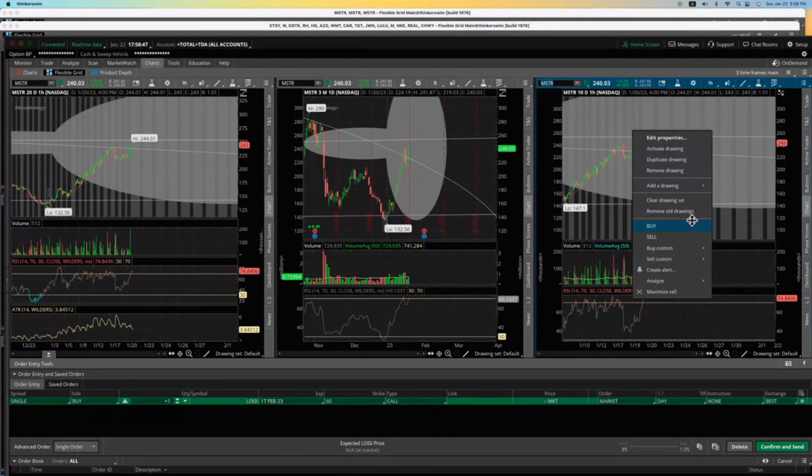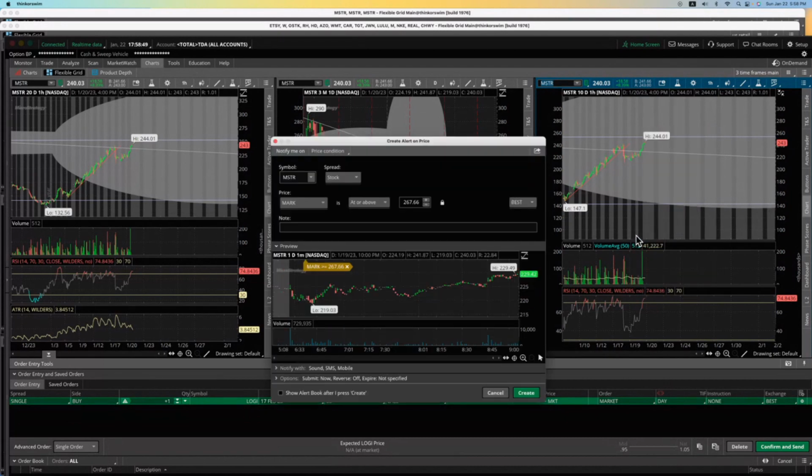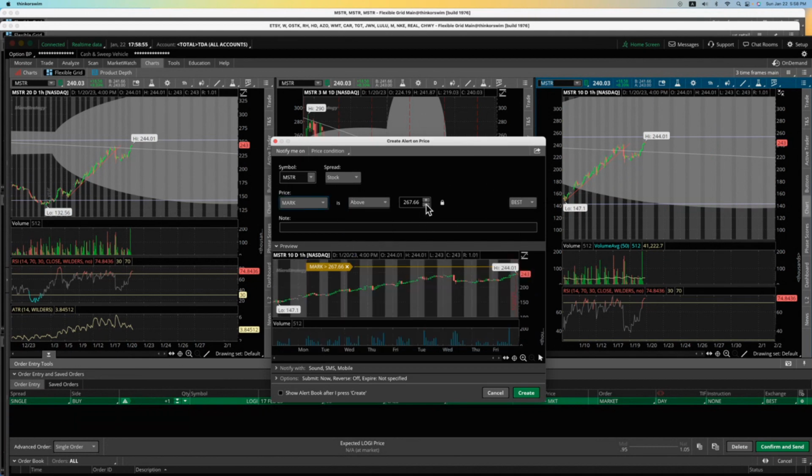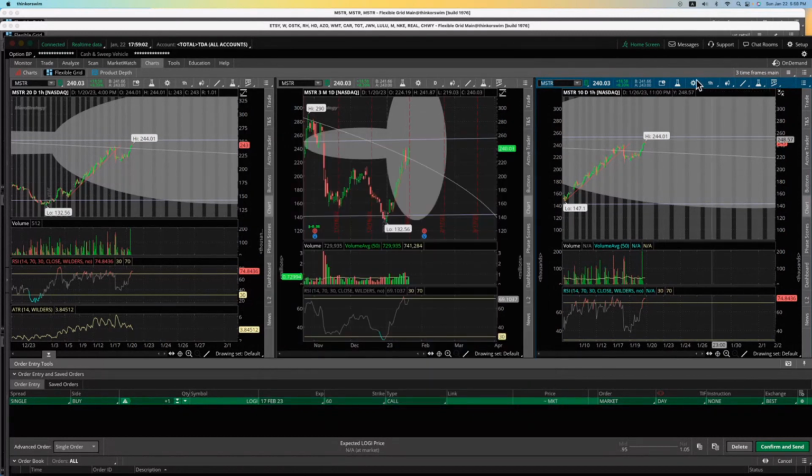Activate, create an alert. You could create an alert at 267.50, or maybe right there above. Okay, make it 50. And as soon as it hits that area, we just sell our short term or put a stop loss, right? Now we know our areas. I already have my support line, and then we know our resistance line for this week.